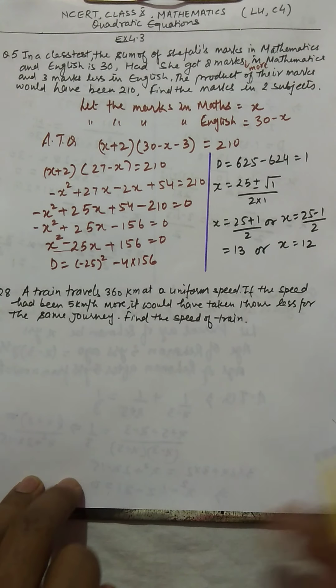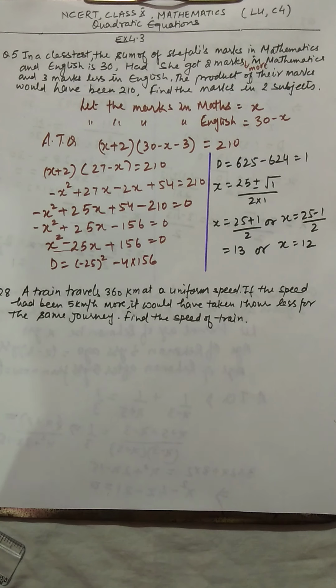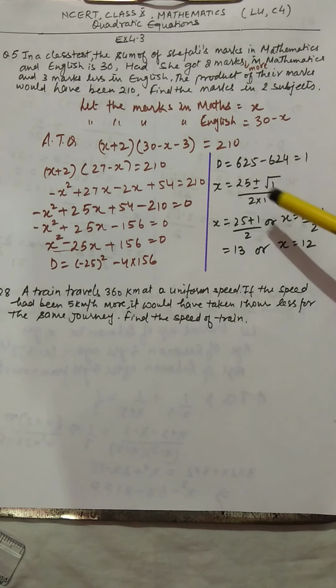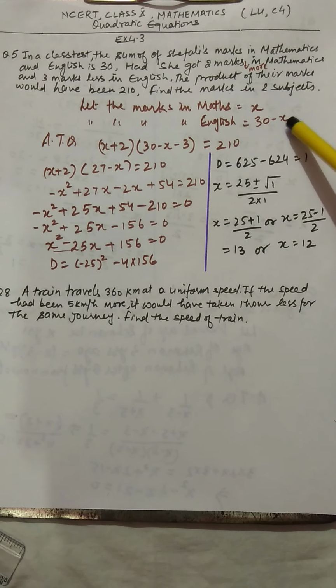So your answers are 12 and 13. If maths is 13, then English is 30 minus 13, which is 17. And if x equals 12, then English marks will be 18. But in all cases you can verify whether these values are satisfying the conditions or not.